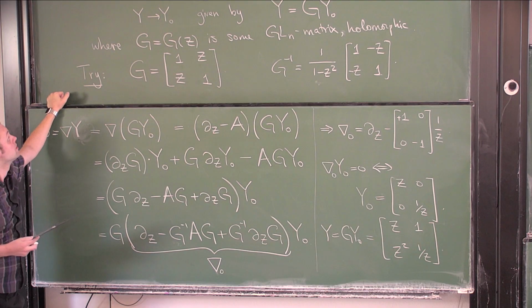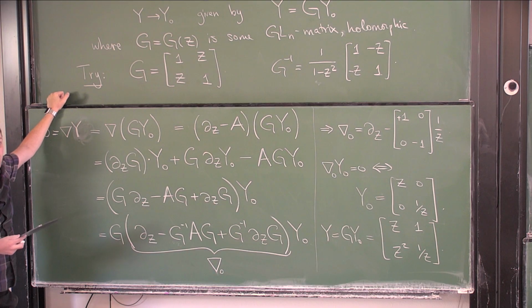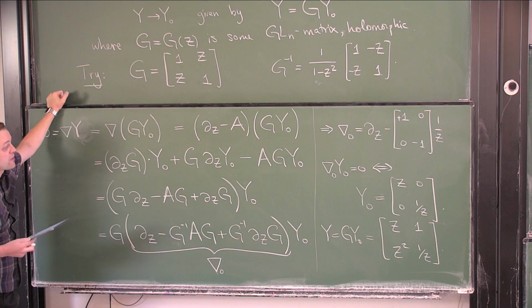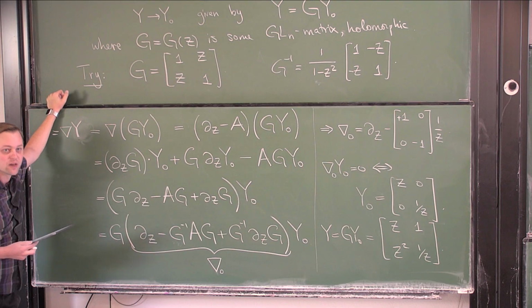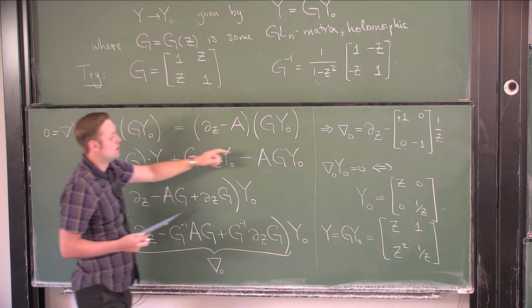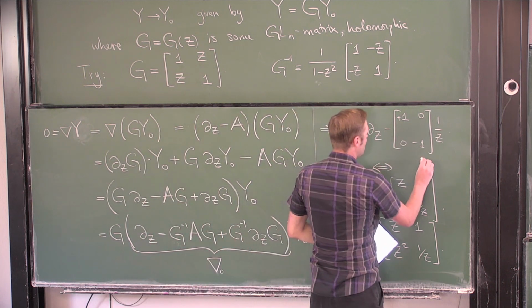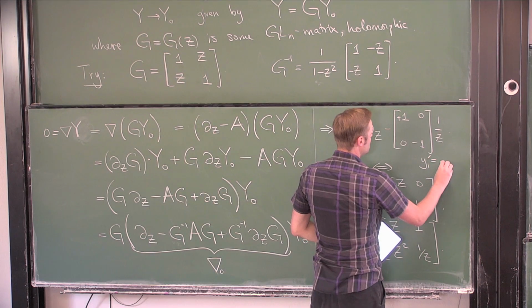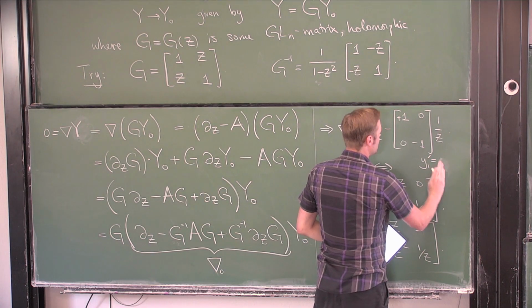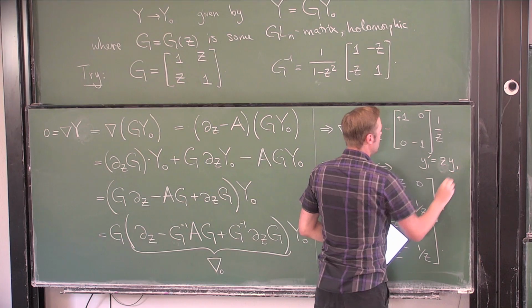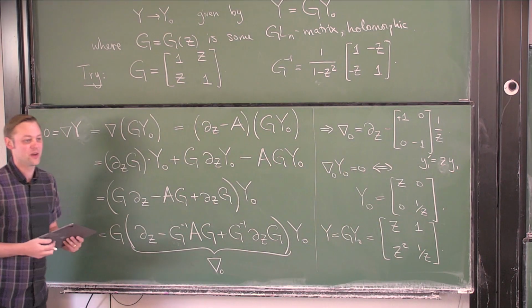So those are not easy to solve, but we solved it without ever really solving any differential equations. I mean, the only differential equation we solved was that y1 prime was equal to z y1.